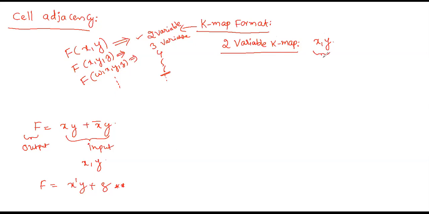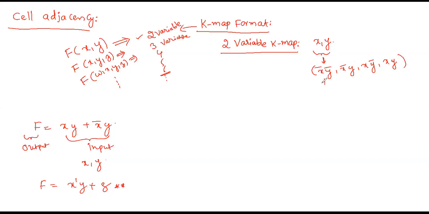With two variables we have four combinations like x bar y bar, x bar y, x y bar, x y. These are the four different combinations possible with two variables.